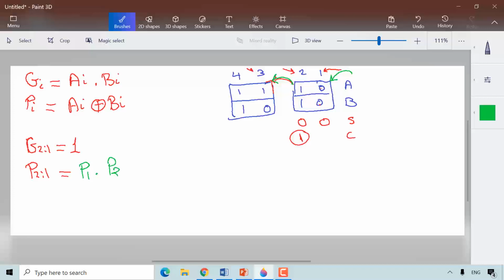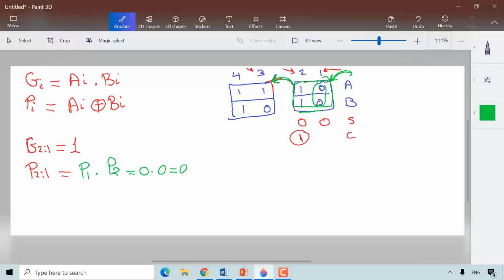The propagate at bit position 1 is 0 exclusive or 0, so this is 0, ANDed with 0, which means 0. This means that for this group of bits, whatever carry comes in here as a block, I cannot propagate it to the next stage.